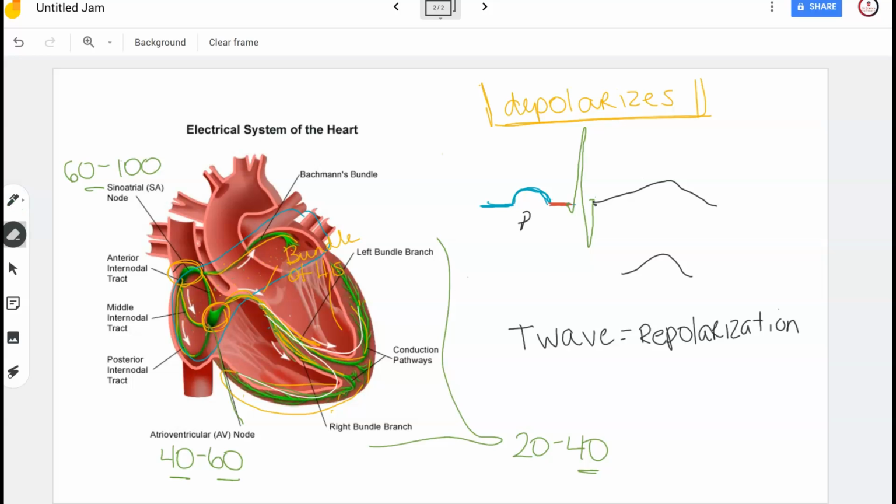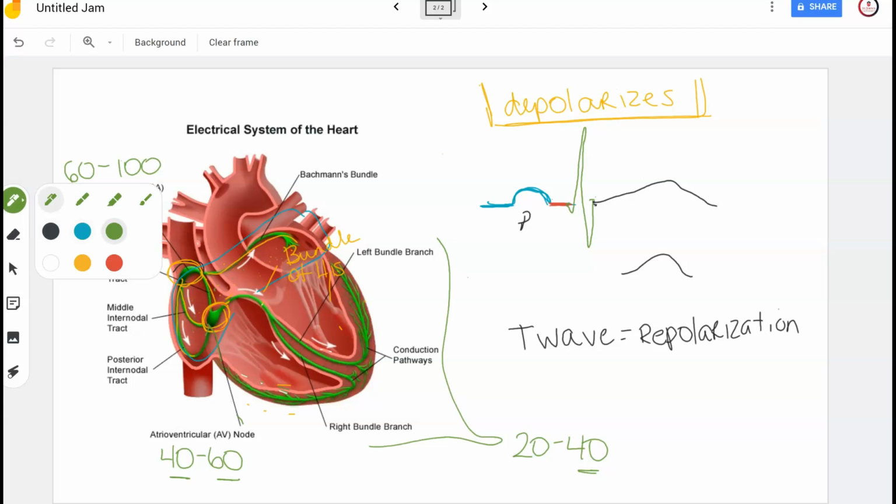If for some reason you have some sort of issue, let me clean this up a little bit, in the conduction pathway, and there is a blockage, it's usually caused by ischemia or something like that, right?